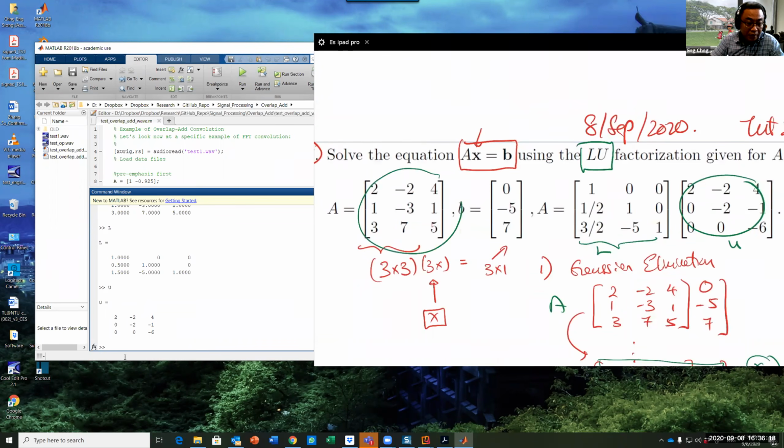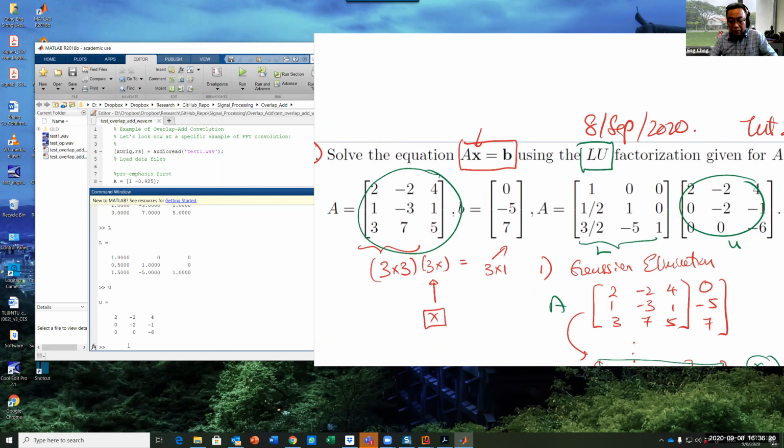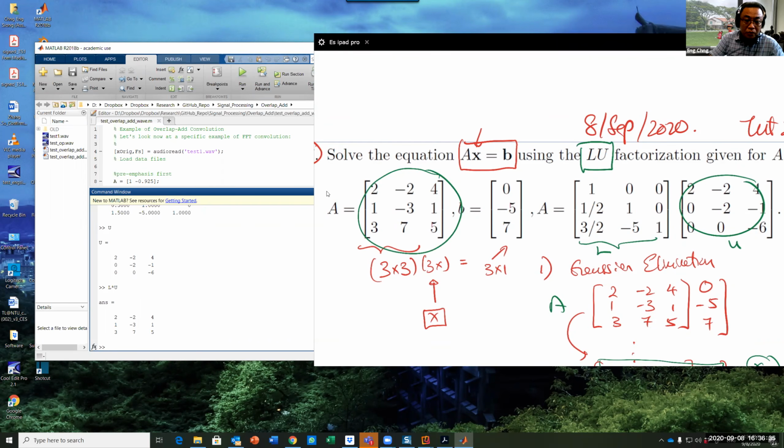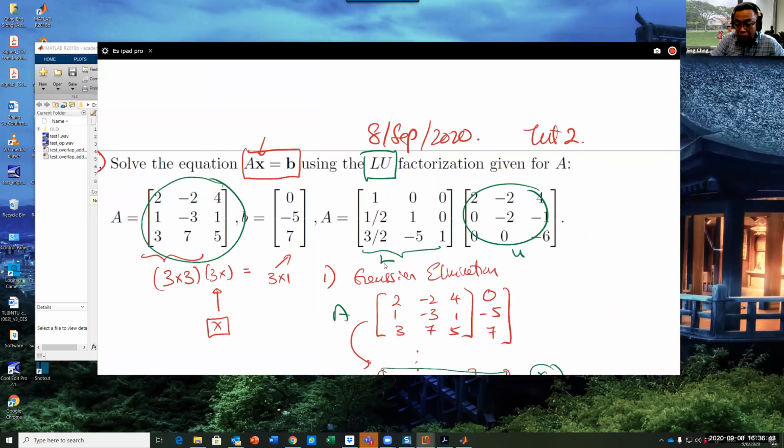So let's multiply this. I've typed L, now I have typed U. So L and U are there. L times U is equal to A, which is 2, minus 2, 4, 1, minus 3, 1, 3, 7, 5. So it shows that a matrix A can be decomposed into two matrices. One is called a lower triangle because it looks like this.